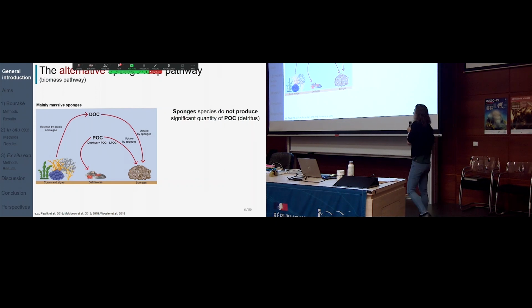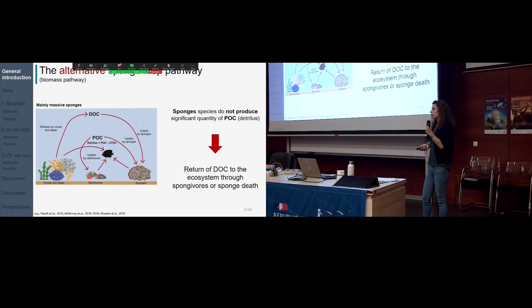So in this case, the transfer of carbon to higher trophic levels occurs through spongivores or at the death of the sponge. Here we have less POC in the environment, and this could have a cascading effect on the organisms that feed on it. So these two pathways are still poorly understood in sponges.